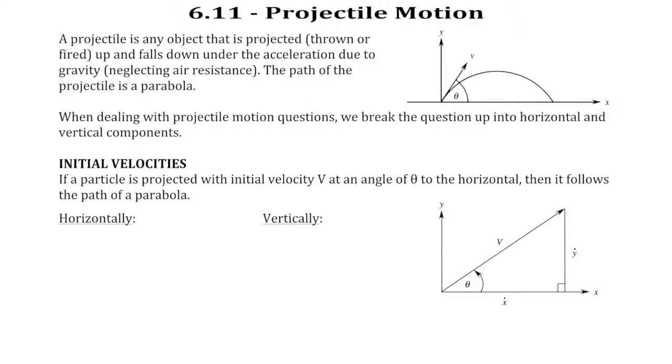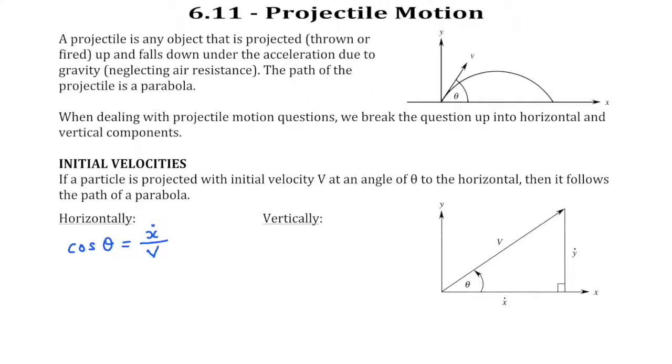Let's talk about our horizontal situation. If I look at our triangle over here, there's my angle. The cos of theta is adjacent over hypotenuse, so cos theta equals the horizontal velocity over the main velocity.